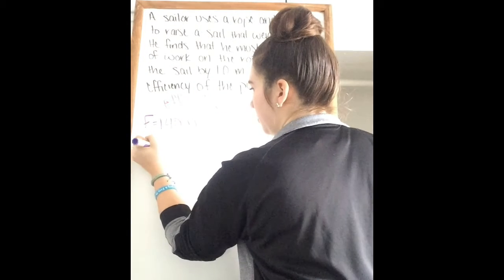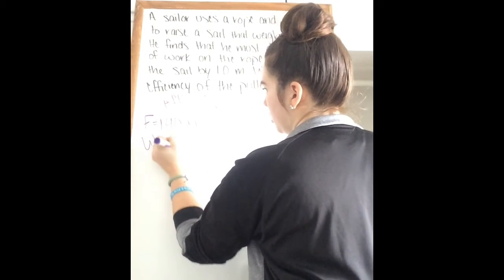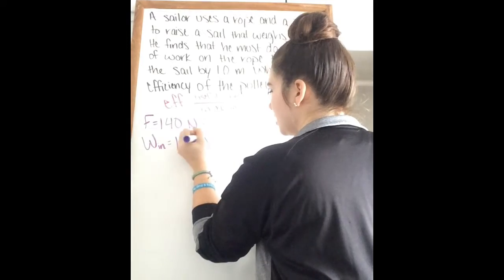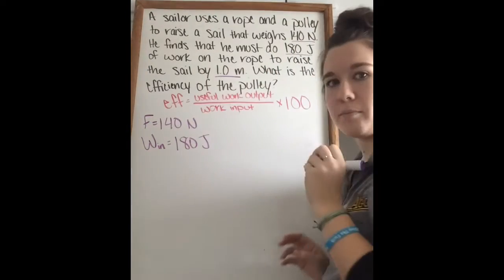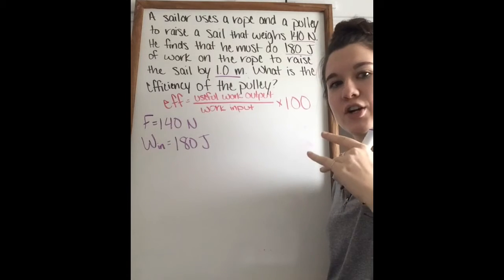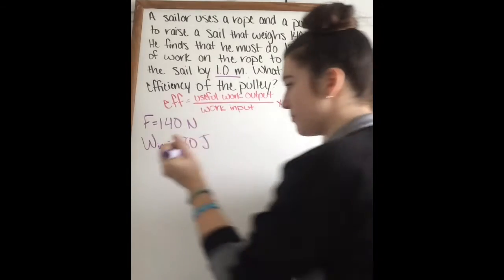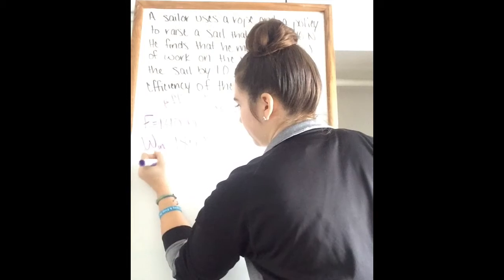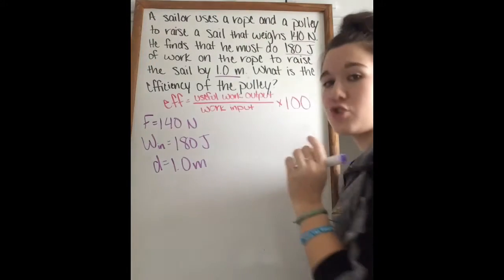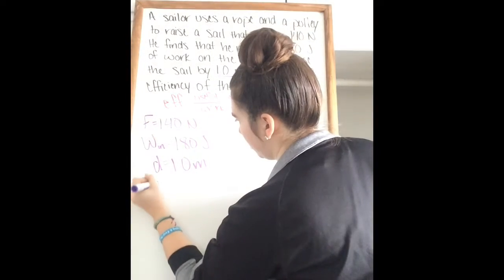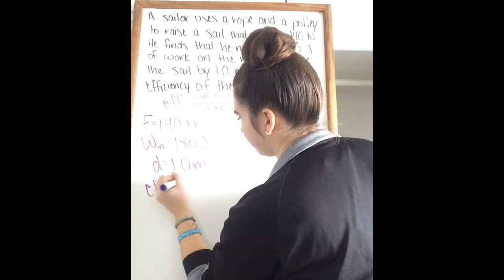So our work input, or work in for short, is 180 joules. Okay. And then we're just left with our 1 meter. Meters is our unit for distance. So that's a distance. Okay. And we are trying to find the efficiency. So we don't know our efficiency yet.